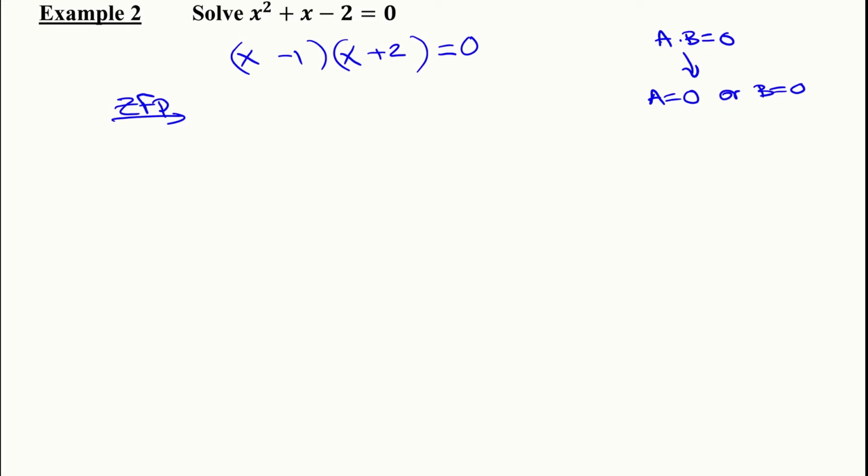All right, so now we go ahead and set each of those factors, x minus 1 playing the role of a, x plus 2 playing the role of b. So we set each factor equal to 0, and we end up with x equals 1 or x equals -2. All right, and that basically solves that particular equation.